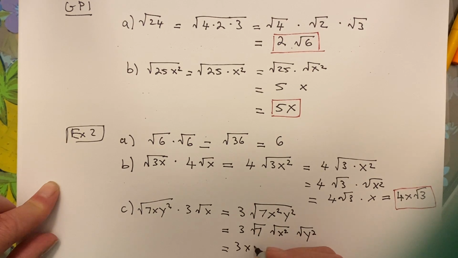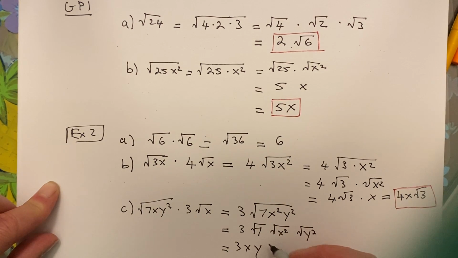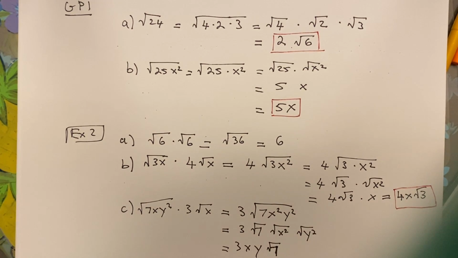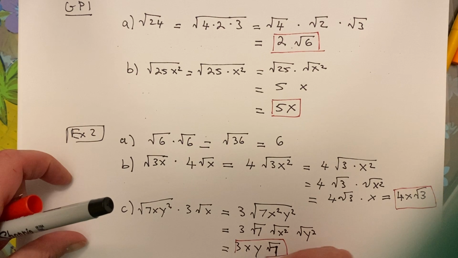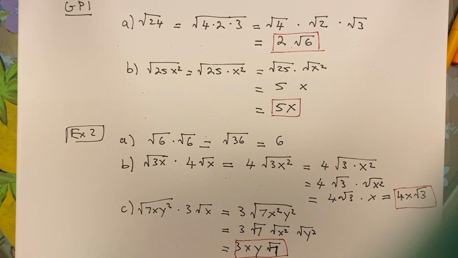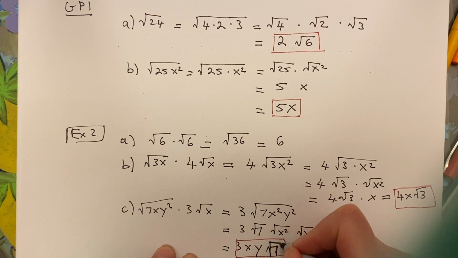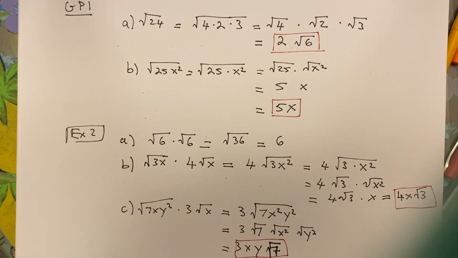The square root of y squared is y. And the only thing here that cannot be simplified is the square root of 7. So I am left with 3xy square root of 7. Let me make that look just a tad neater. There we go. Now that actually looks like a 7.